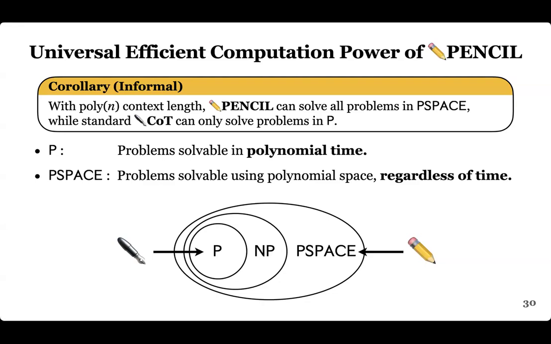It means that beyond this, even if it is allowed to use more test time compute, it cannot solve harder problems. But Pencil can solve these more complicated problems beyond P. It goes to NP and PSPACE.